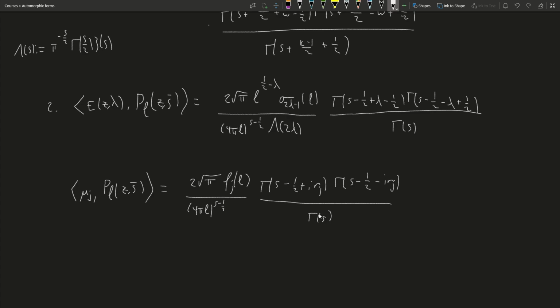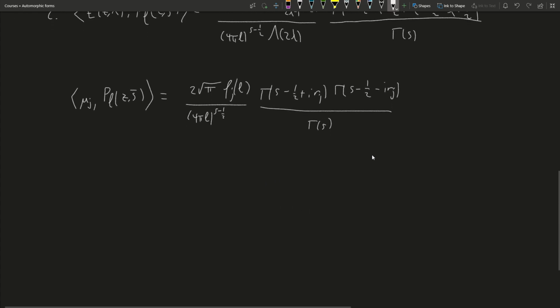So this is with the normalization that your Maass form is written as a sum over n not equal to 0 of rho_j(n) y to the 1/2 k, i r_j. So s is going to be 1/2 plus i r_j, where s times 1 minus s is your eigenvalue.